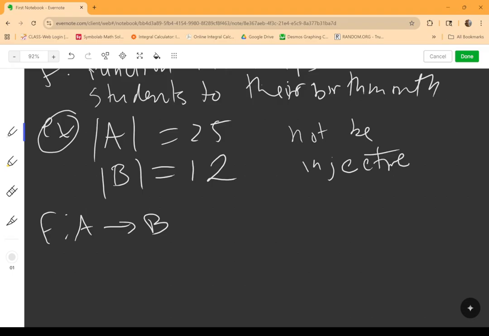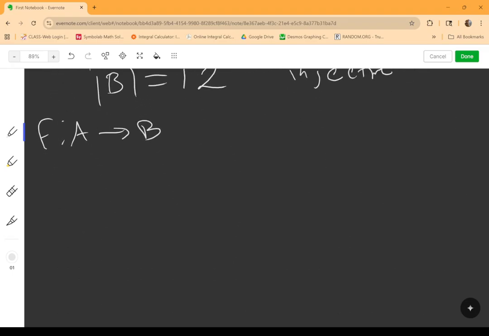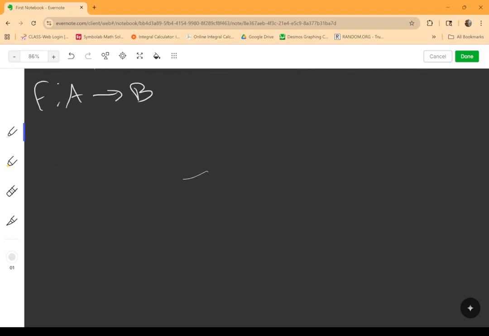All right, moving on here. Another thing about functions and their sets, their images, and their elements in the domain.